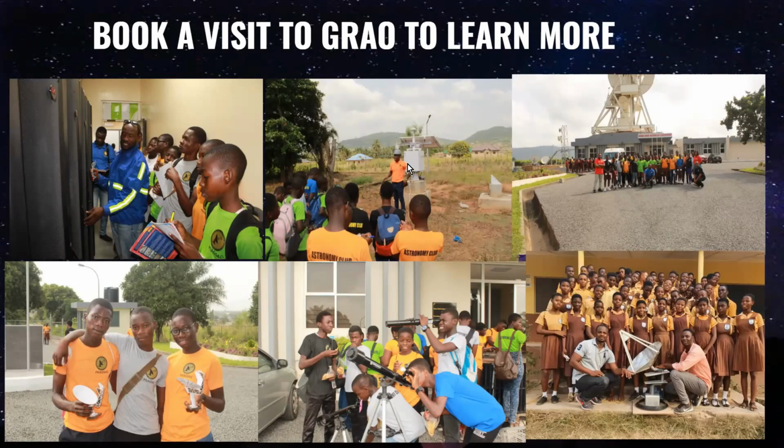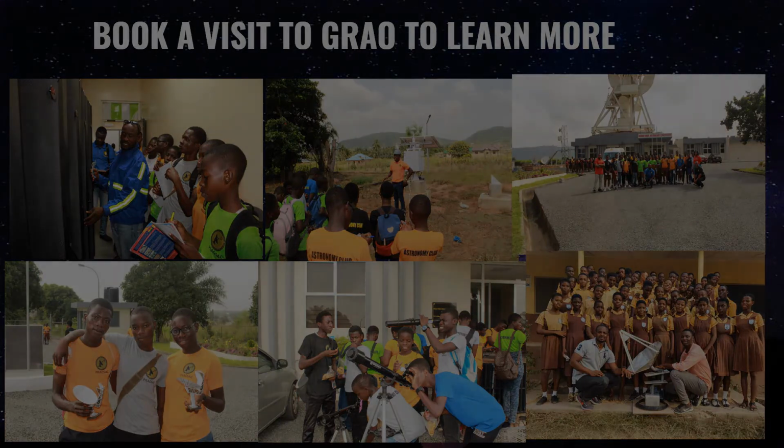They also learn about the site and other instruments, like the weather station we have. You can also try to build your prototype in your school as your own project. In the picture, some of the students are taking beautiful pictures as they visited GRAO. So I encourage you to book your visit today and learn more.